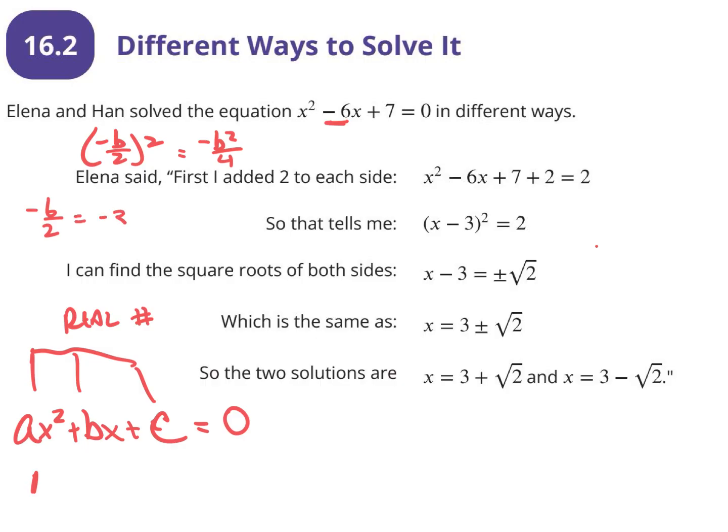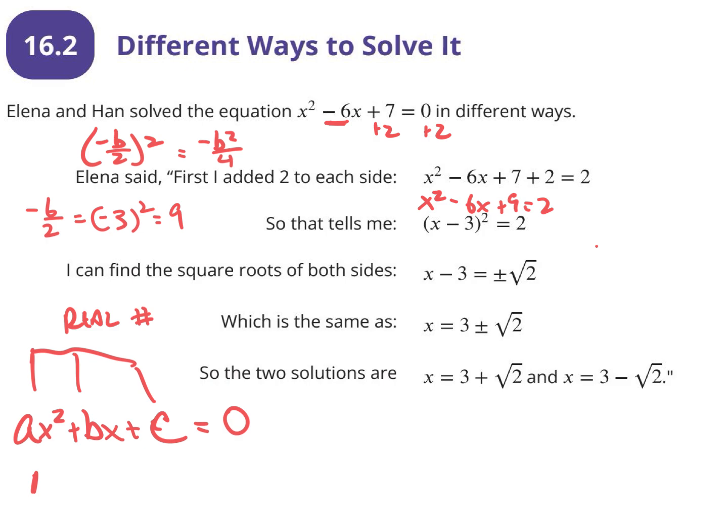We get negative 3. Then we square it, and we get 9. So what Elena did was add 9 to both sides to make this a perfect square trinomial, because this becomes x squared minus 6x plus 9 equal to 2.